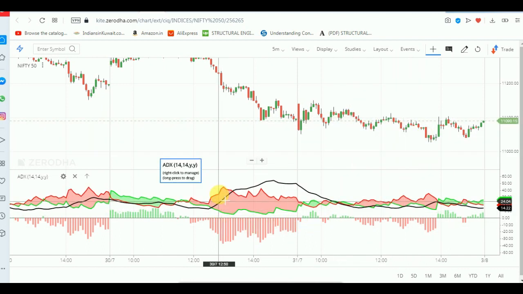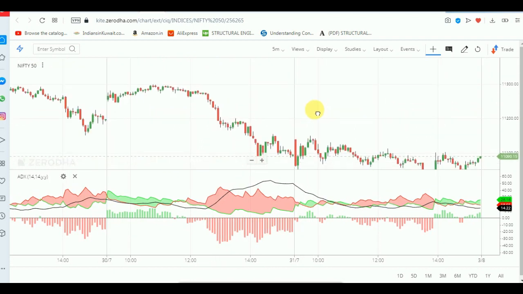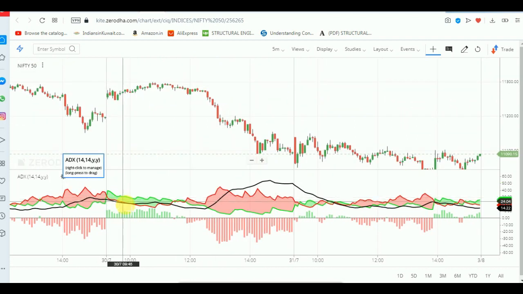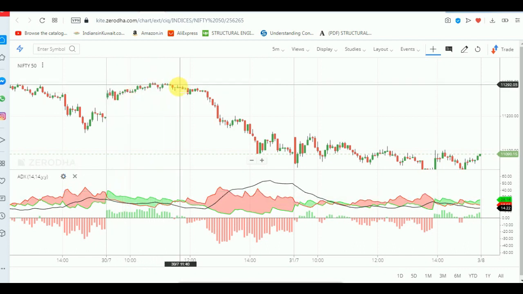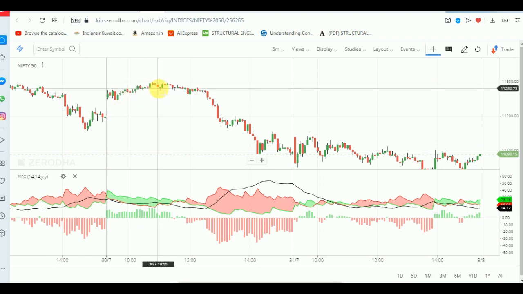So if we have a broader width, if the bandwidth is very high, then the movement will be great, right? If the bandwidth is less, then the movement will be range bound. Range bound means the market may not have a great movement in price. So the price may not move in a drastic way.